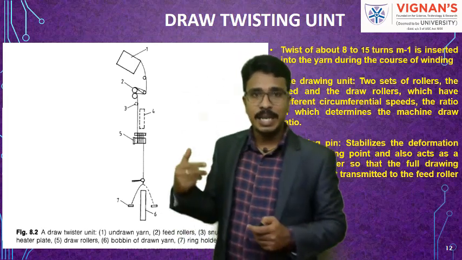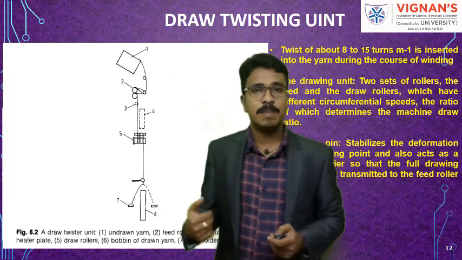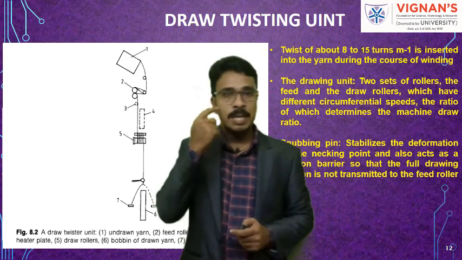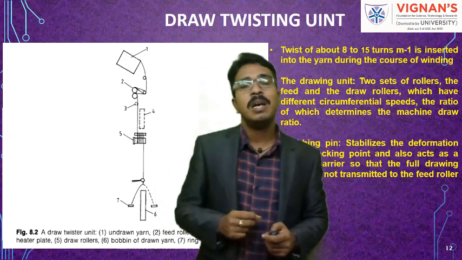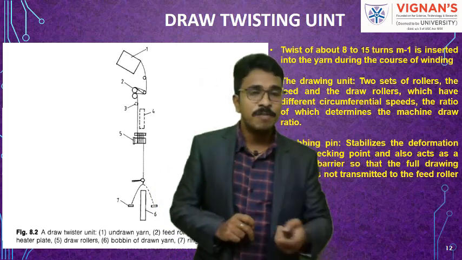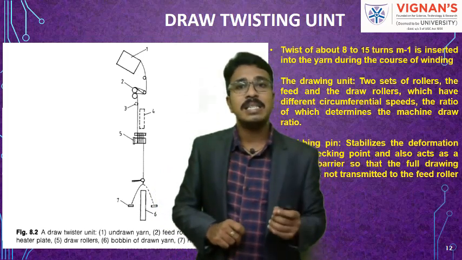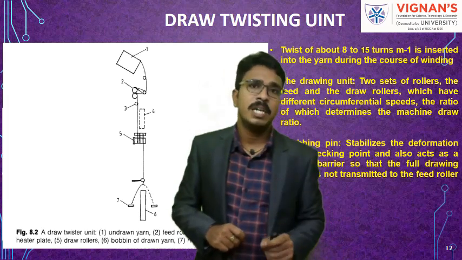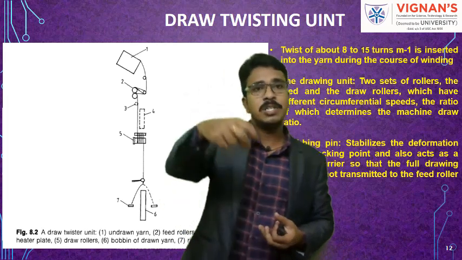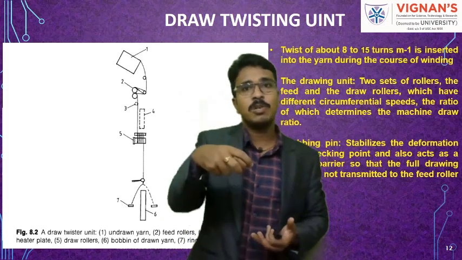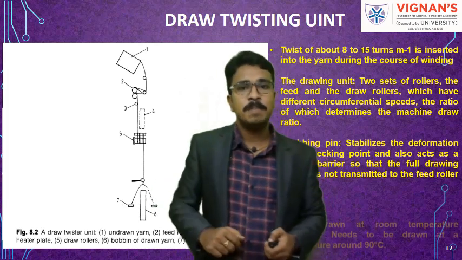I'll tell you what the necking point is in detail in the upcoming slides. So it stabilizes the deformation of filaments, and also acts as a tension barrier. It will not allow the complete tension coming out from the drawing rollers to reach the feed roller nip.